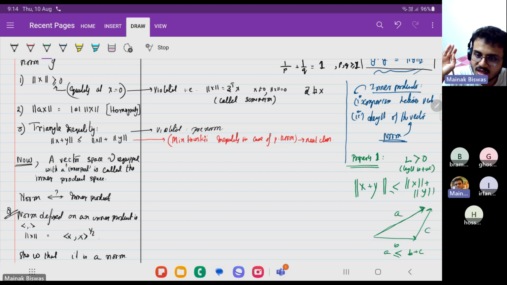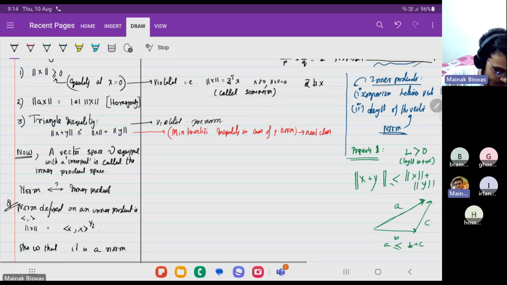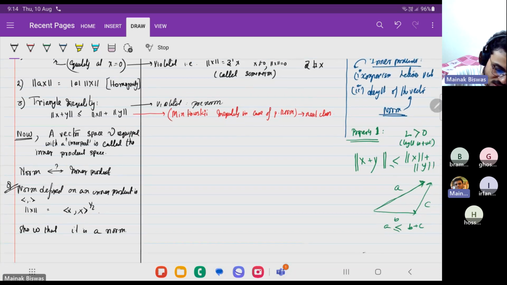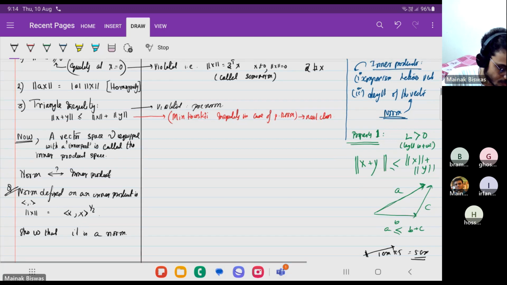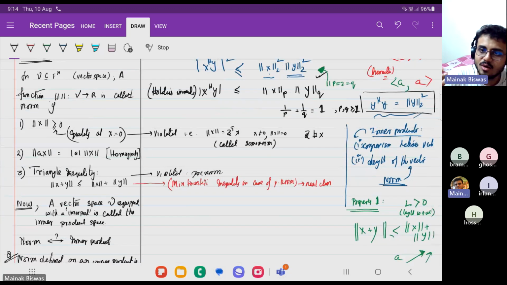That is how you define a triangle, that a triangle has the sum of two sides greater than or equal to the third side. And what is the third one? So if you scale a length, 1 centimeter into 5 will be 5 centimeters or not? So you can scale a vector by any length. This is the third property. So now it is clear. Now tell me what will be the property of a norm? One after the other, if you have understood.